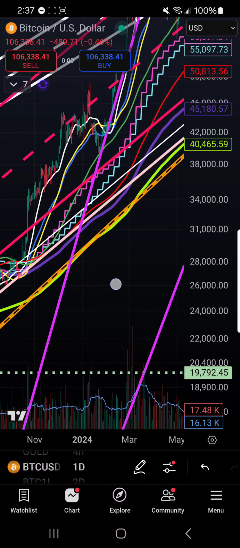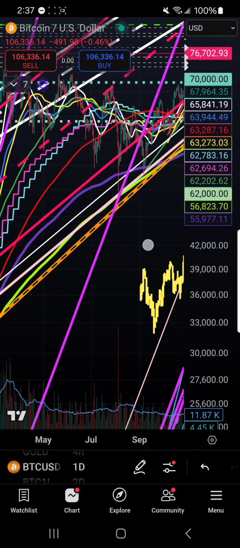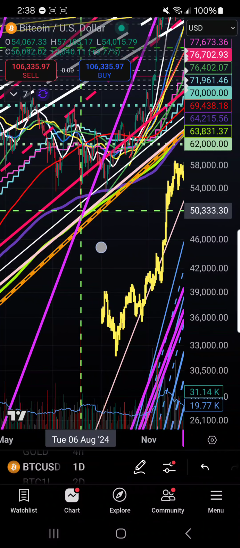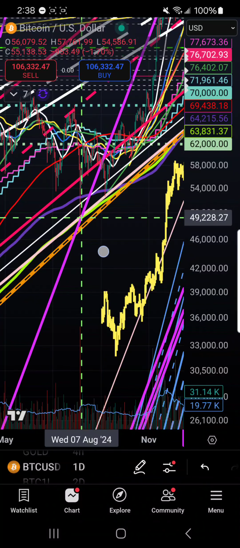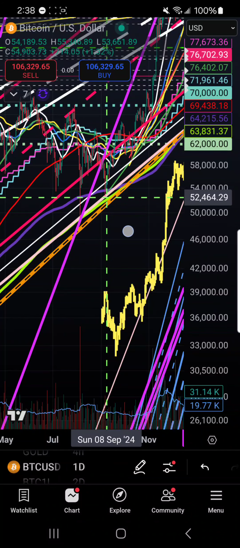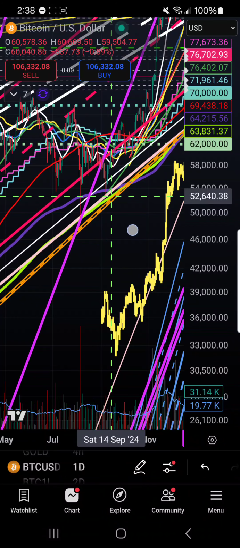And the other times, we wicked down to that pink line right here, in September '24 and August '24.